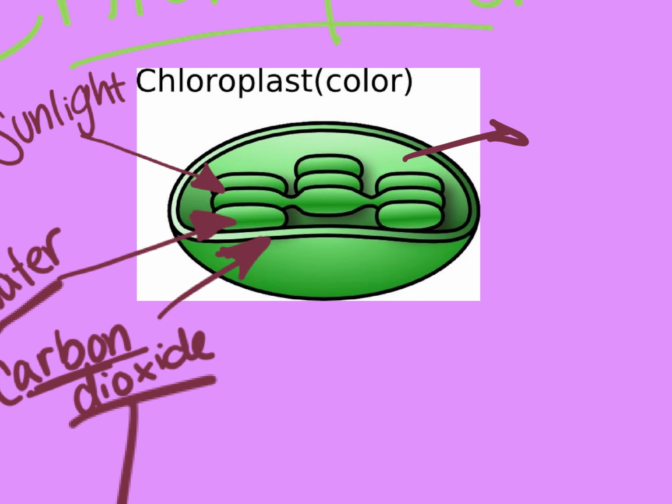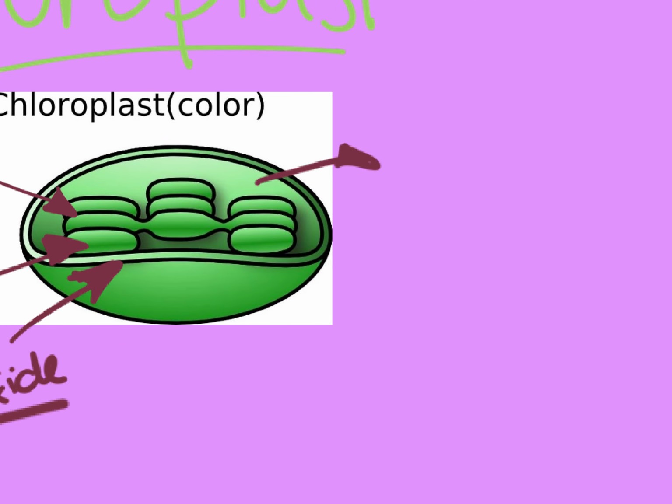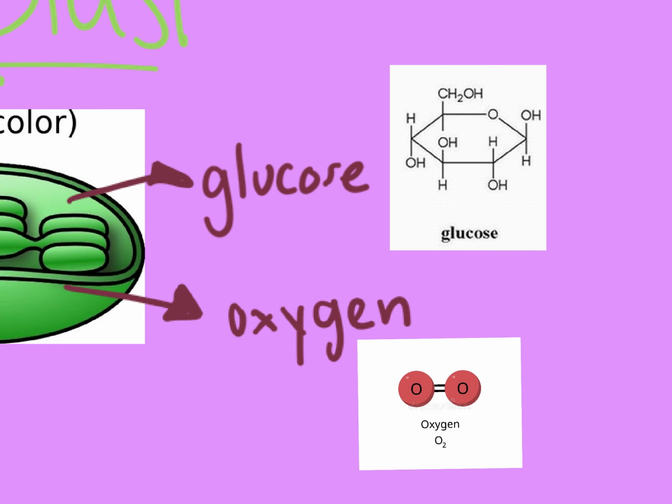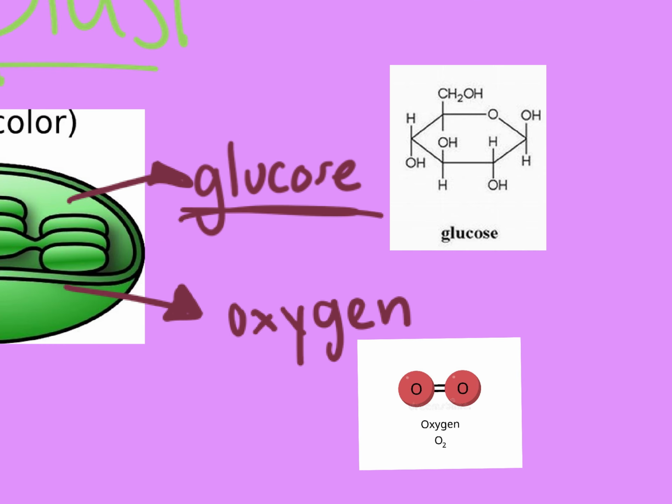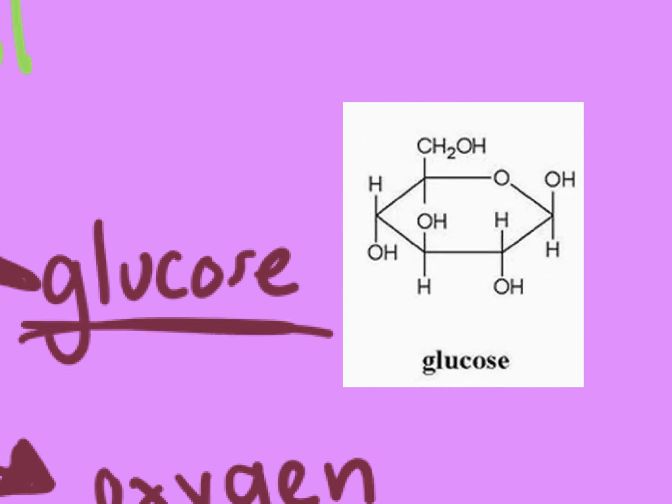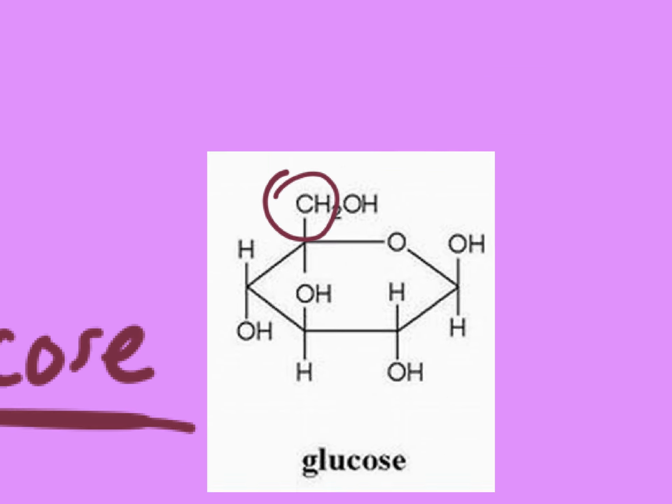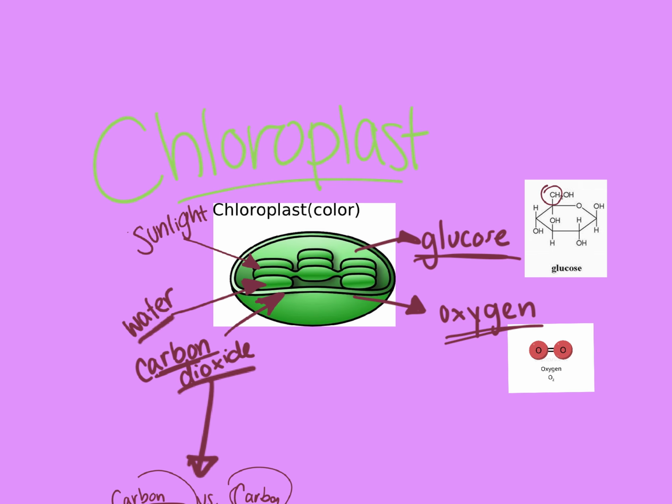So we, of course, have our outputs of glucose, the food, the sugar, and oxygen. So here's where that carbon went. Look, right there, that carbon came from the carbon dioxide. So that's why it's important that we say carbon dioxide versus carbon, because carbon alone is a different thing and it's not one of the inputs for photosynthesis.